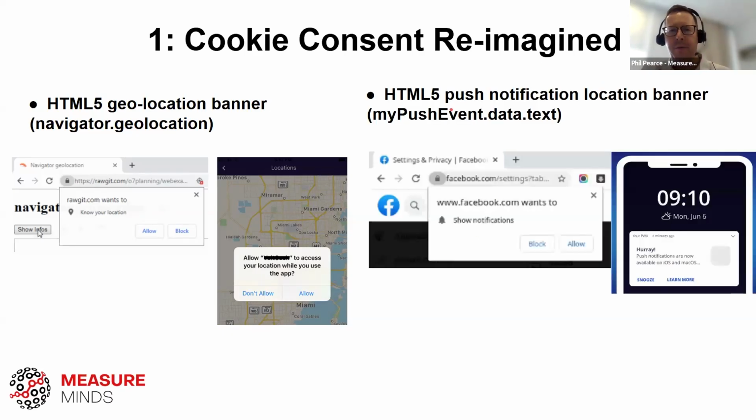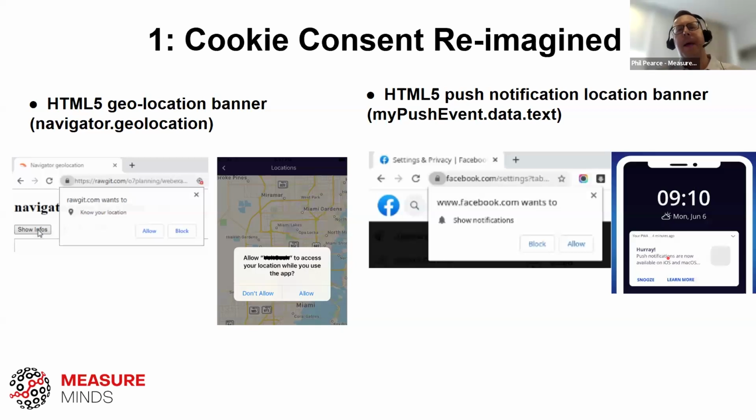Similar for HTML5 push notifications, where you get a block or allow, to see updates or not. So this is the browser doing the work, deciding on the design and the buttons, not the CMP, etc. And here's another one for push notifications on iOS.